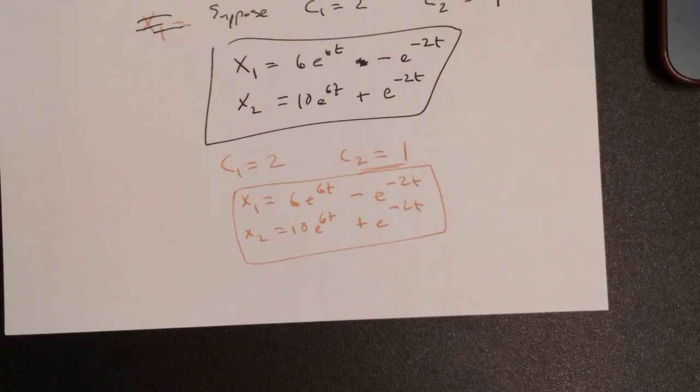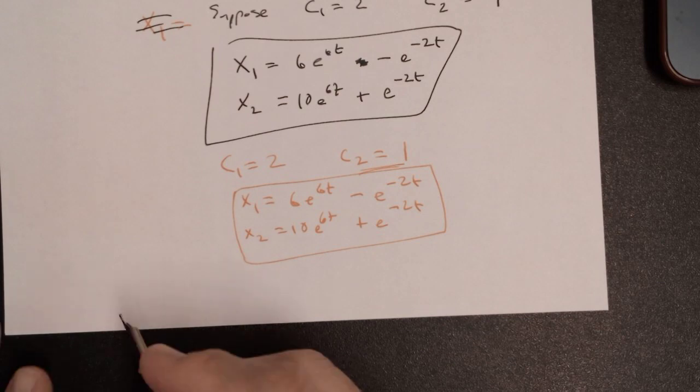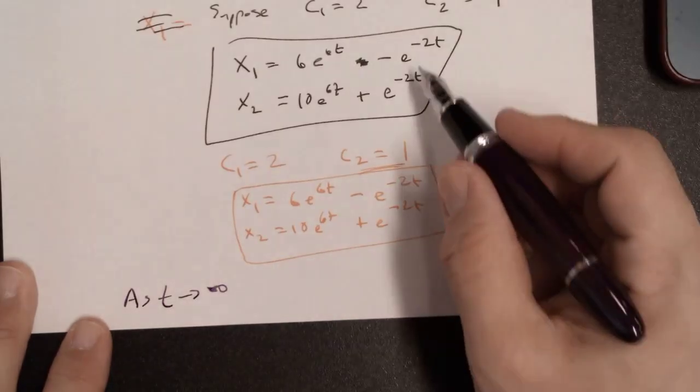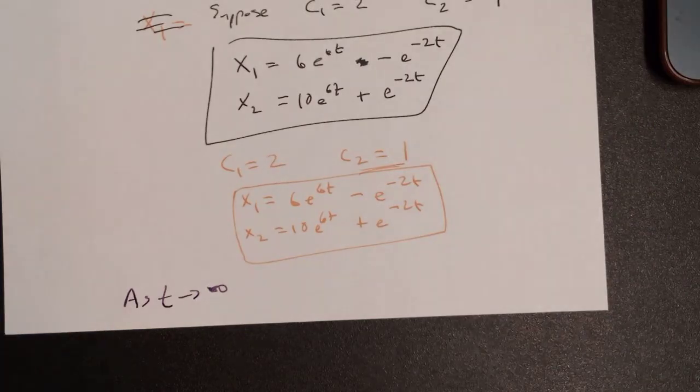A question for you. What happens in either of those as T goes to infinity? Yes, you could use this one or you could use this one. The e to the negative becomes 0. Aha!